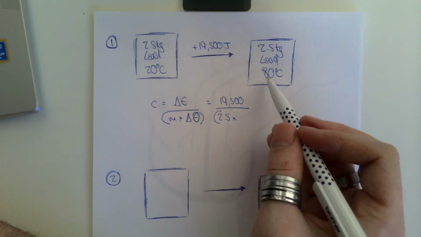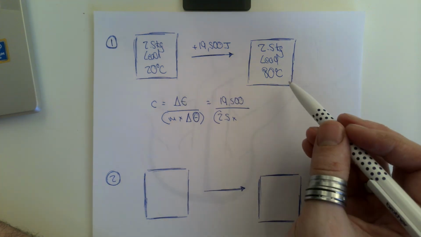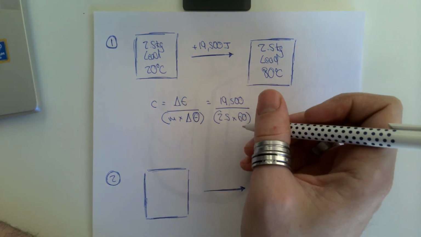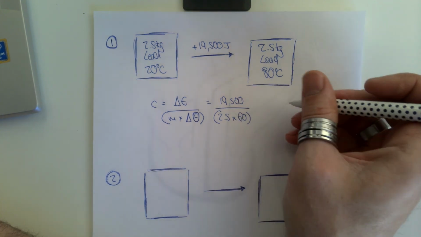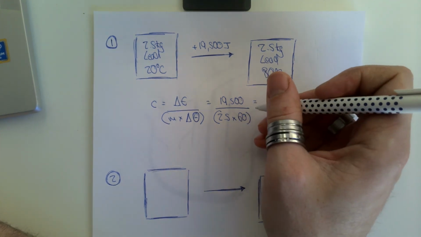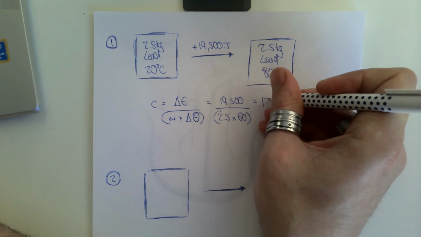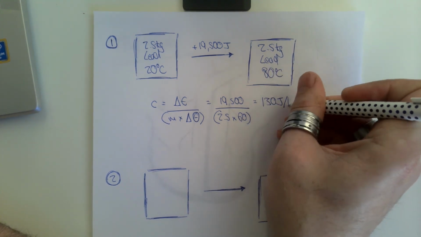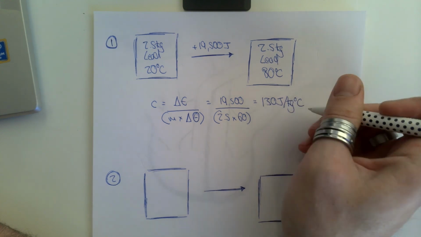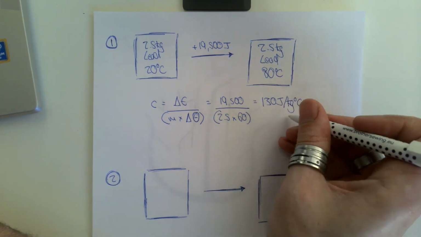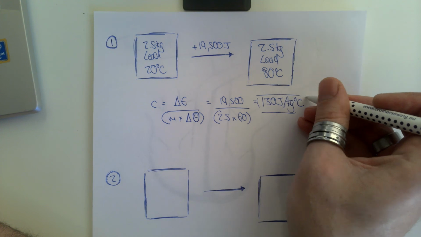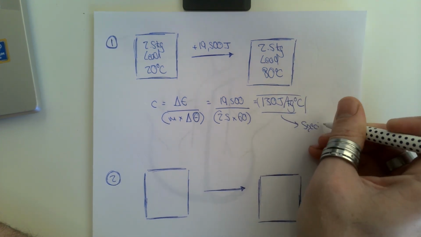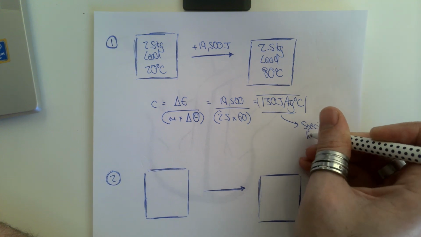And remember, our temperature change is our difference, so it's 80 minus 20, which gives us 60. If we work that out, we end up with a specific heat capacity of 130 joules per kilogram degrees Celsius. So our specific heat capacity of lead here is 130 joules per kilogram degrees Celsius.